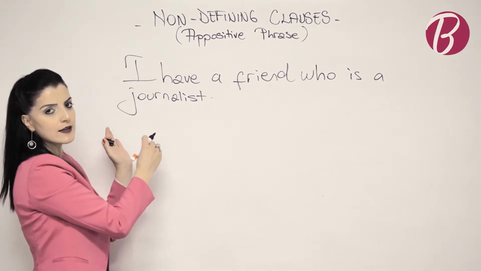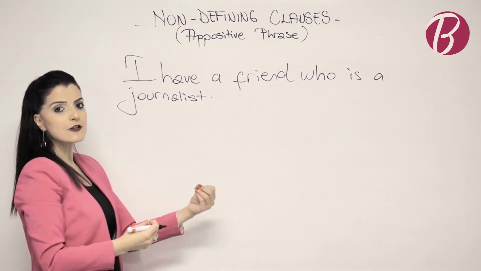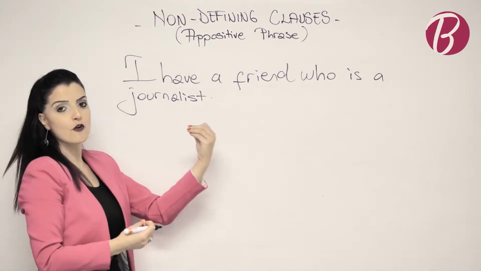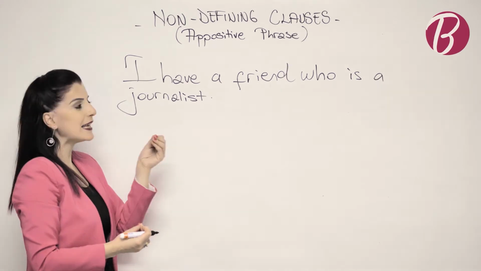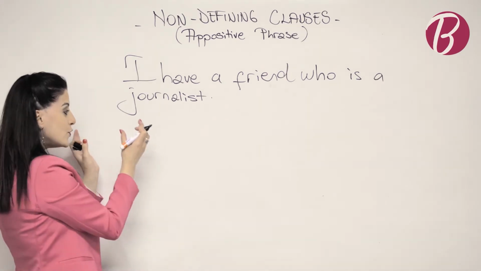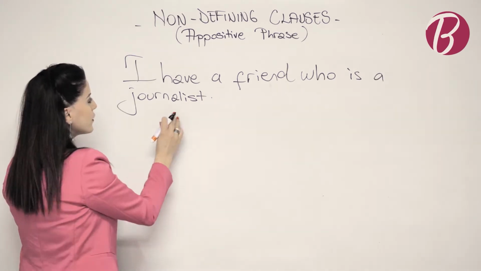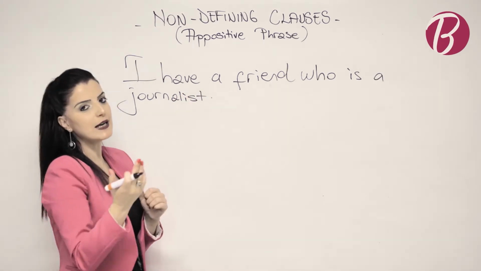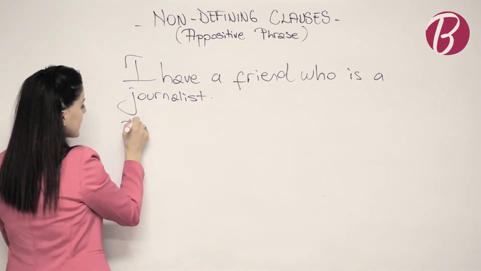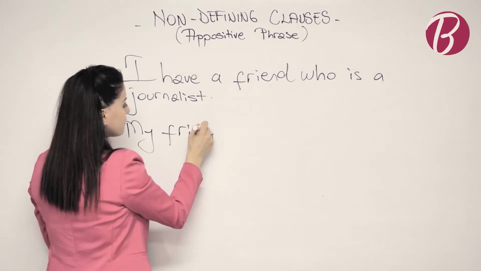And at that point, we don't need to define or give information, because when I say its name, you clearly understand what I am talking about. For example, your friend's name is Ali. So you can say, my friend Ali.